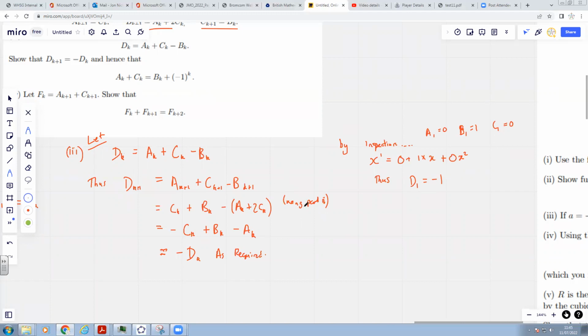Okay, we can now see d2 must be positive 1. d3 must be negative 1. d4 must be positive 1. And so on and so forth. And what am I using there? I'm using the result I've just proved, by previous result.